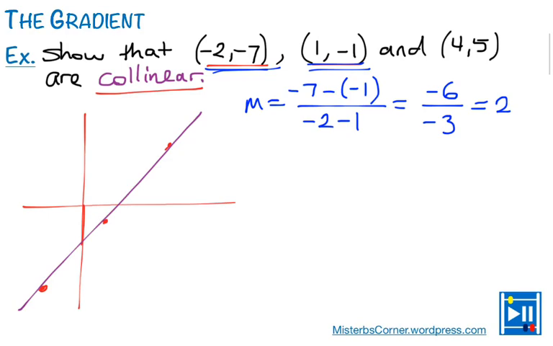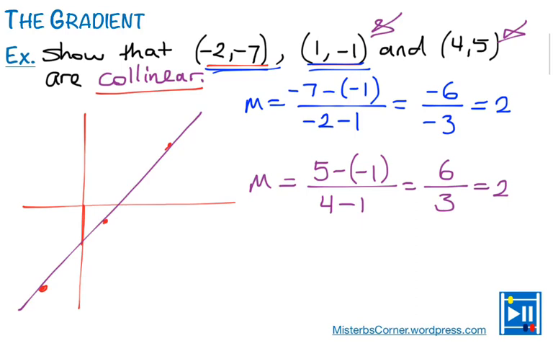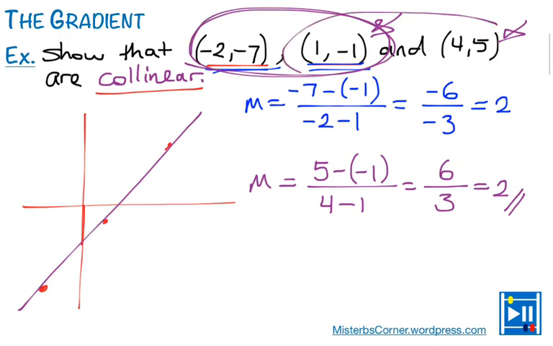Now, what if we have another line that passes through these 2 points? Let's calculate its gradient. When you do the calculation, you'll see that the gradient is again 2. This tells you that the line passing through these 2 points is parallel to the line passing through these 2 points. But just because this is their intersection point, you can consider that these 3 points are collinear.